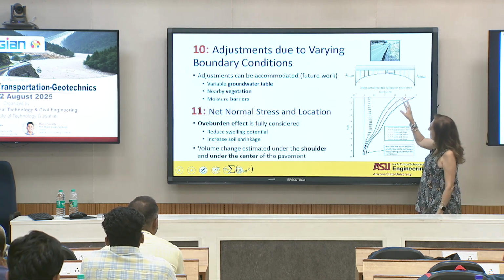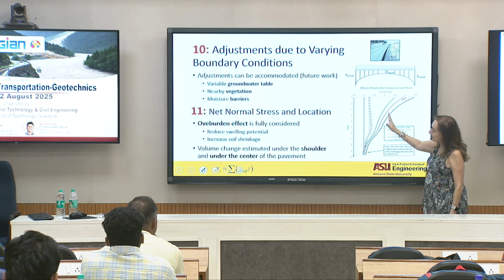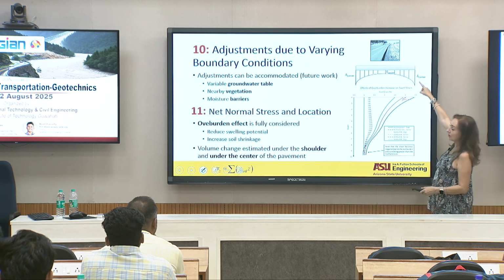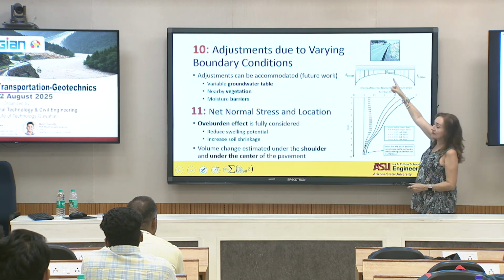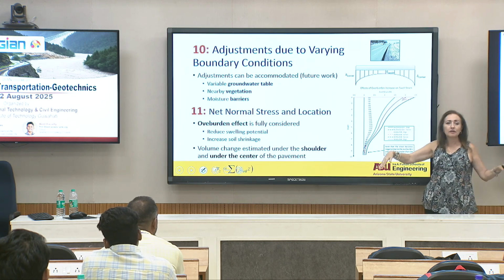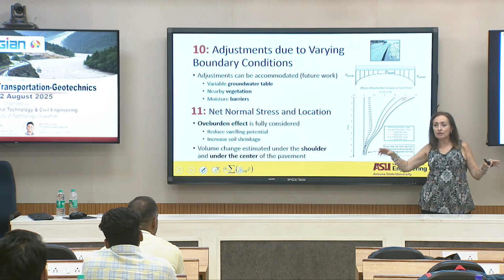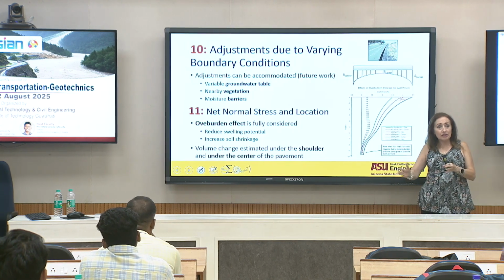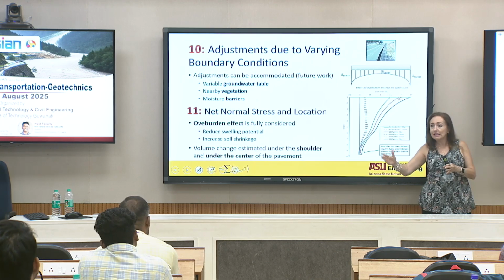So this one, for example, shows the lines adjusted by overburden pressure at the corner of the road. But what happens in the center is different, because the main exposure of the road is going to be at the shoulders. In the middle, there's going to be some, but it's going to delay more.